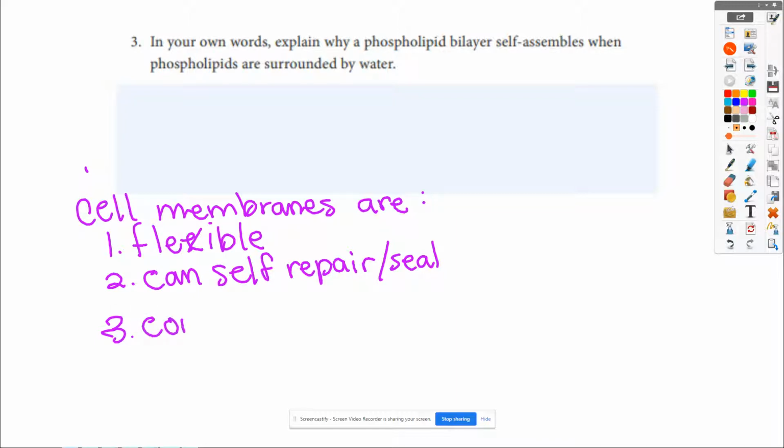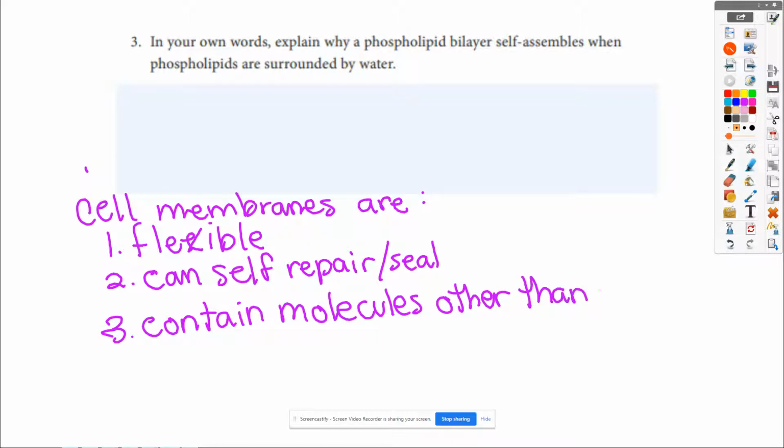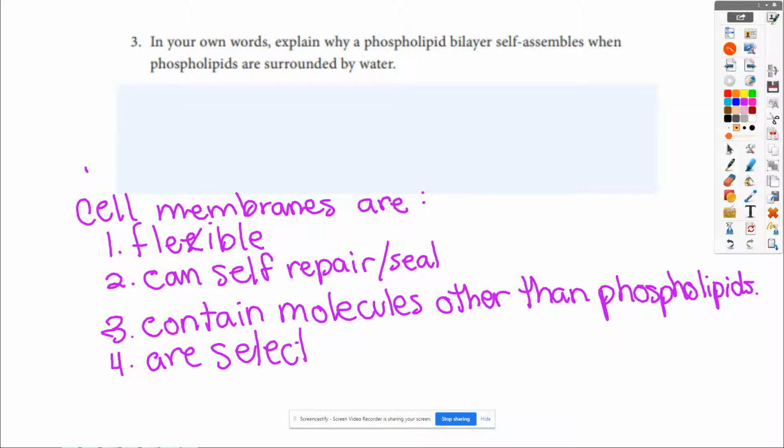They contain molecules other than phospholipids. They are selectively permeable. Permeable means that something can go through it. So if it's selectively permeable, it picks and chooses what can go through the membrane.